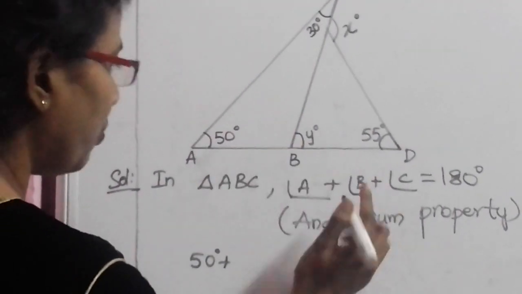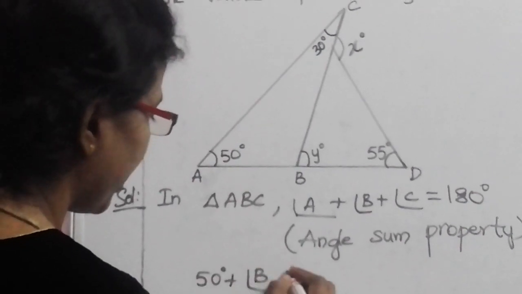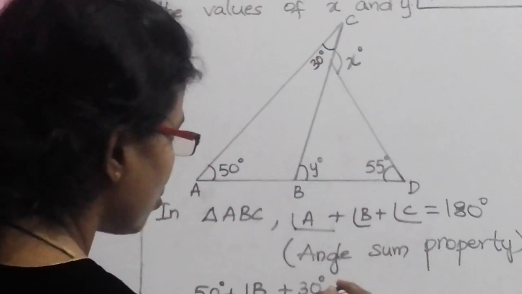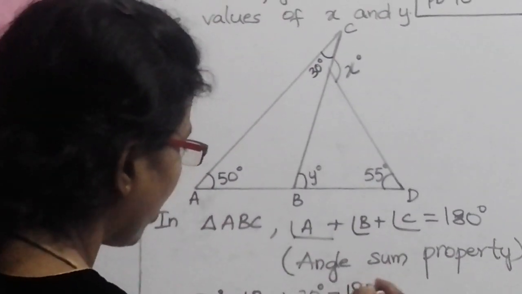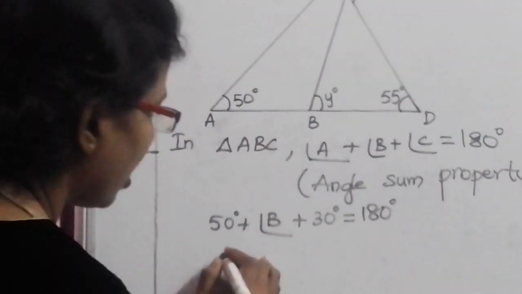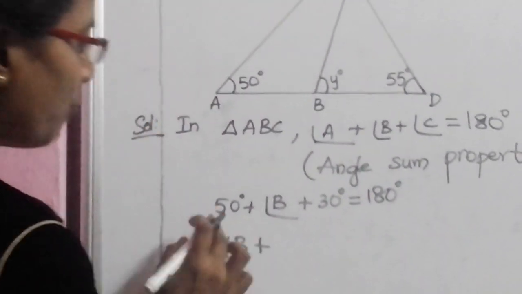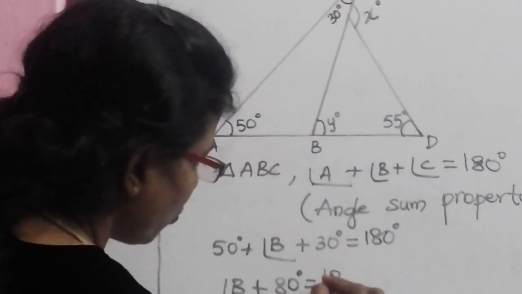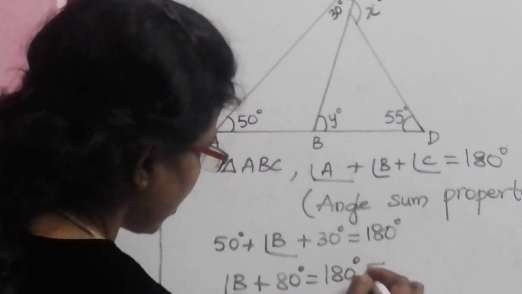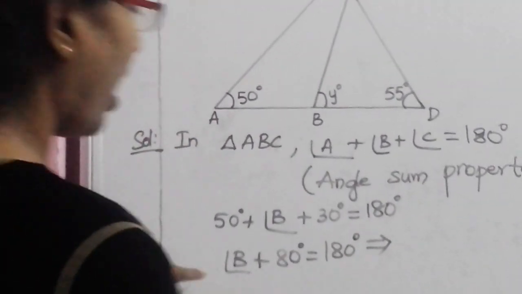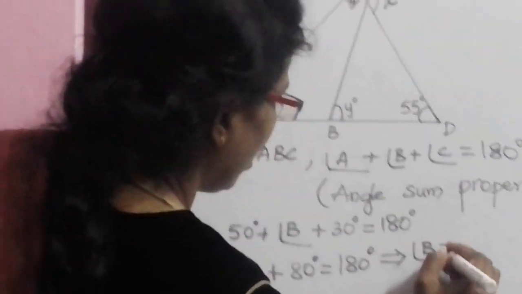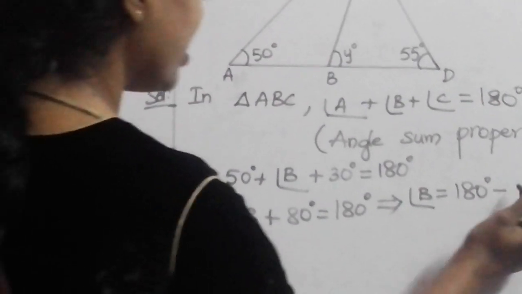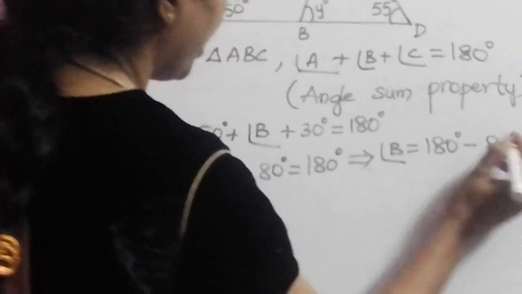Angle B, this side you don't know, so let us write angle B as it is. Angle C, they gave it as 30 degrees. So all this is equal to 180 degrees. Now angle B plus 50 plus 30 is 80, which is equal to 180 degrees. This implies angle B is equal to 180 degrees, and when 80 goes to the other side it becomes minus 80.